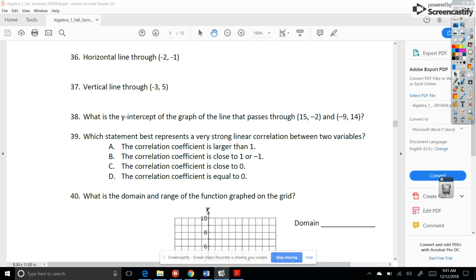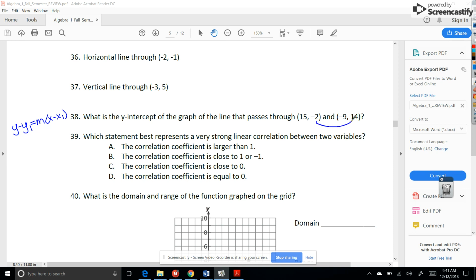Okay, what's the y-intercept of the graph of the line that passes through 15, -2 and -9, 14? So I can find my equation in point slope form, then convert it into slope intercept form. So the y values, the change from -2 to 14 is 16.